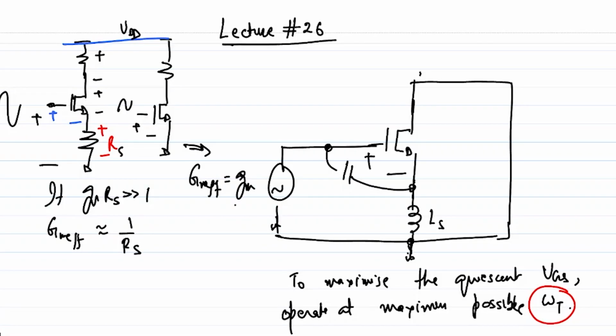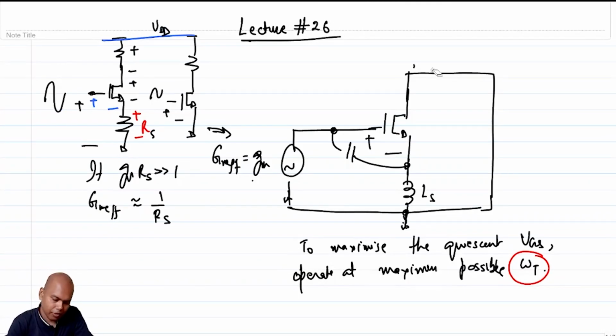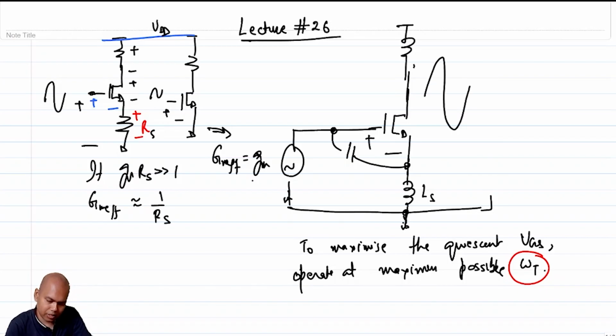The only drawback is you will end up having a problem with the headroom, which essentially means VDS nonlinearity, right? When you have voltage swings here, clearly you would want this transistor to be operating sufficiently in saturation and not come close to linear, because the moment it starts coming close to linear, what's going to happen?